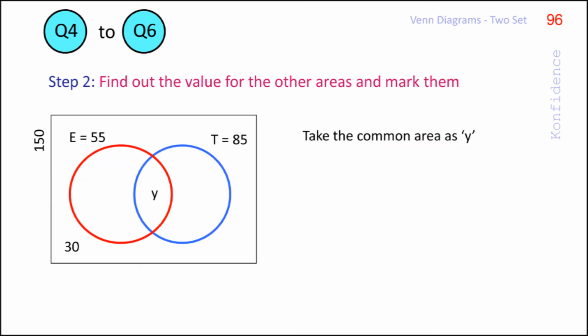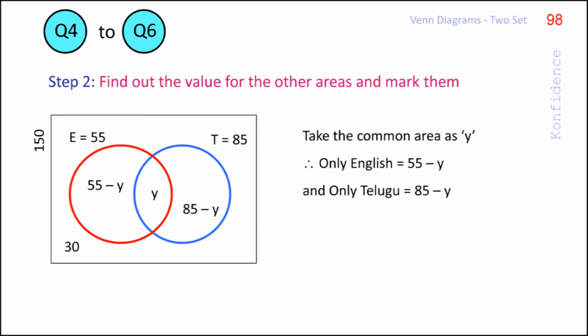Look at the figure. Take the common area as y. Then, the set of people who speak only English equals 55 minus y. The set of people who speak only Telugu equals 85 minus y.